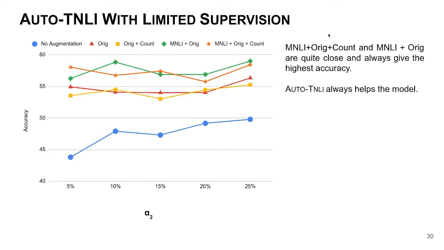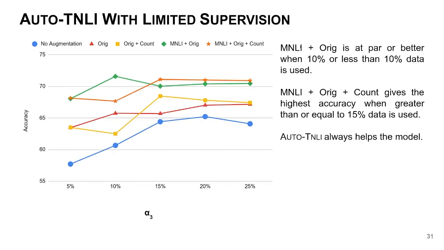In alpha 2 we see that MNLI plus original plus counterfactual and MNLI plus original are quite close and always give the highest accuracy. In alpha 3, MNLI plus original is at par or better when 10% or less data is used, and MNLI plus original plus counterfactual gives the highest accuracy when 15% or more data is used.